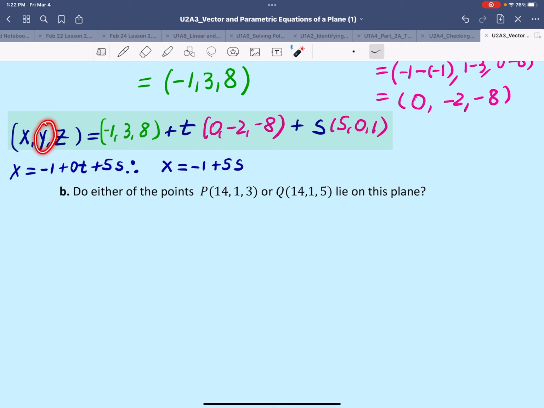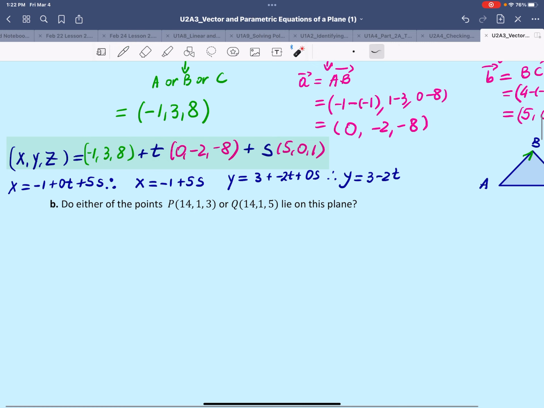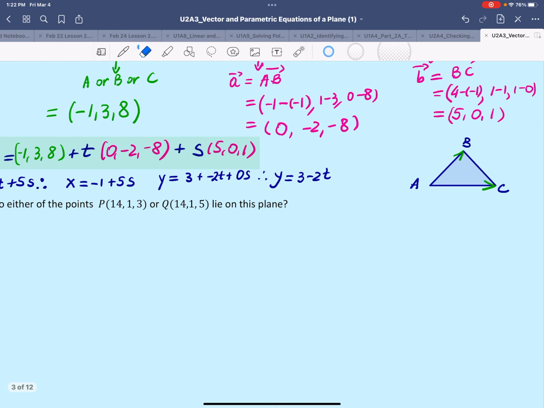Next, we have the equation for y, which is 3 minus 2t plus 0s, so we'll say that y equals 3 minus 2t. And last, we have the equation for z, which is z equals 8, and then we have minus 8t and 1s for the direction vectors. So here we go.